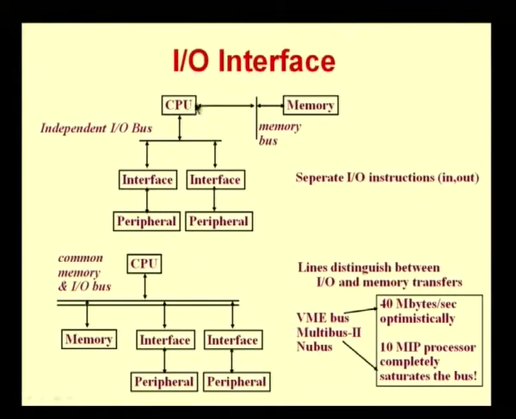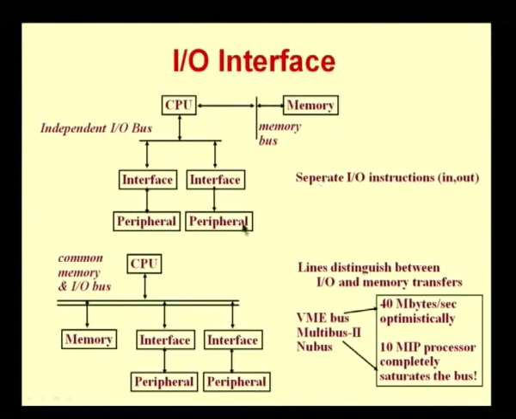If it is a memory operation, it goes through the memory bus and you can access the memory. If it is an IO operation, then there is a separate IO bus that can be used. This IO bus is connected to the interfaces of the different peripherals. These are our interfaces for the IO devices. So, if it is an input output, it will come out onto this IO bus.